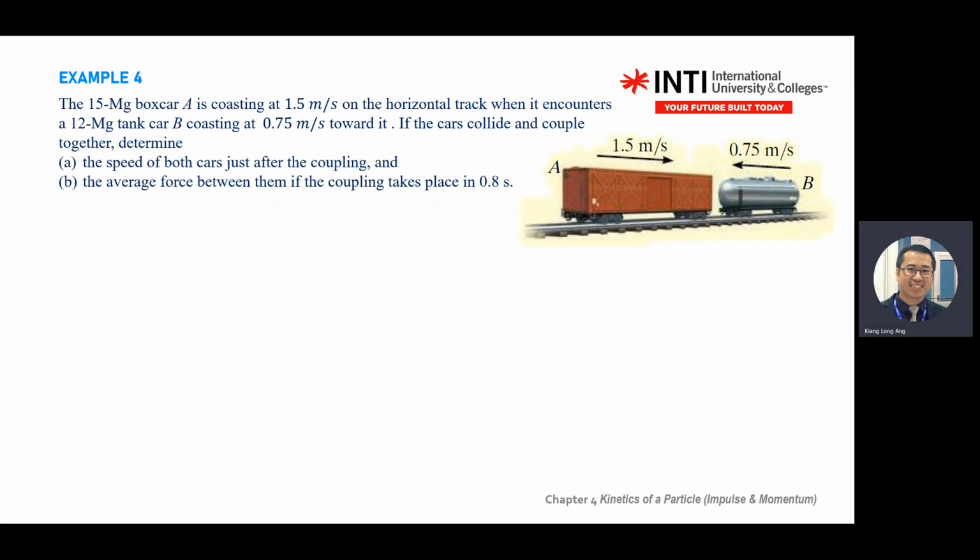Determine the speed of both cars just after the coupling. This is case number 1. Number 2, the average force between them if coupling takes place in 0.8 seconds. In this case, you look at the principle of impulse and momentum.